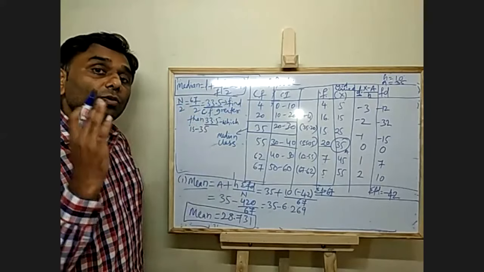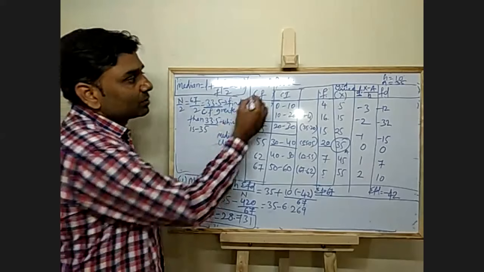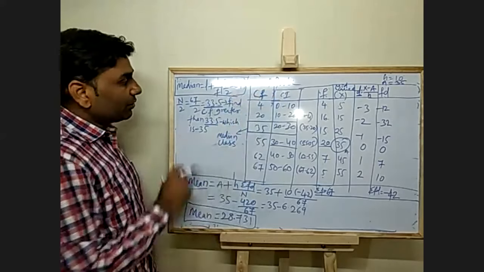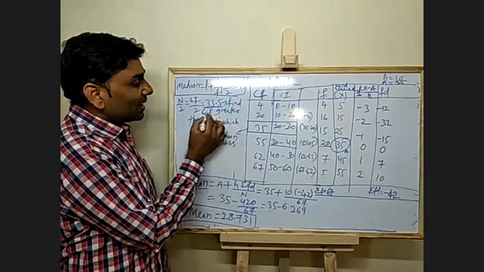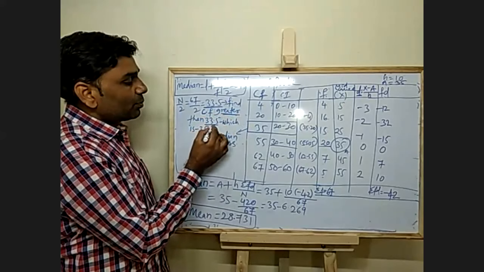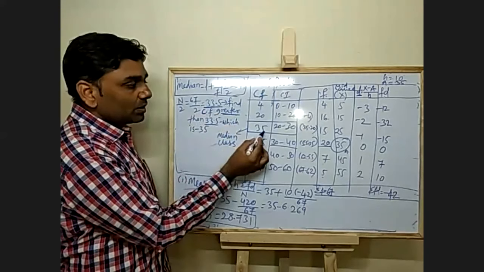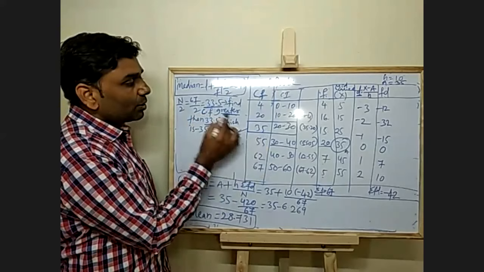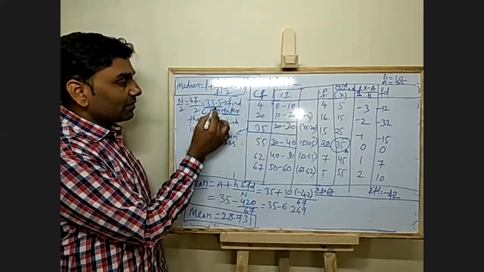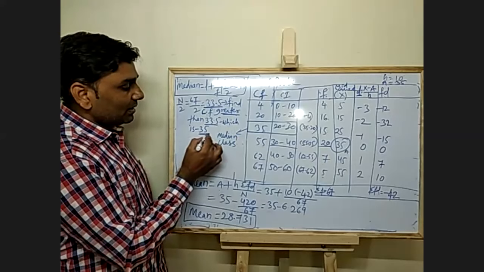Now you have to find cumulative frequency, not frequency, cumulative frequency, CF, which they have given already in the problem. Cumulative frequency greater than 33.5 is 35.